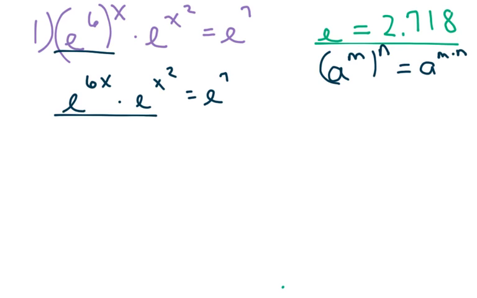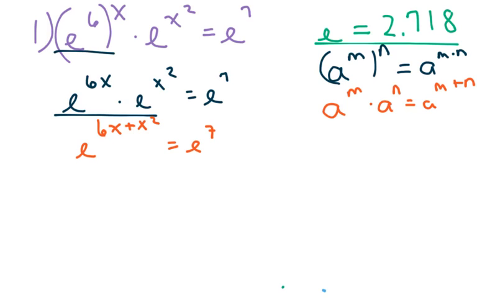Now this one follows the property of a to the m power times a to the nth power equals a to the m plus n. And so all we're going to do is add these. 6x plus x squared equals e to the 7th.